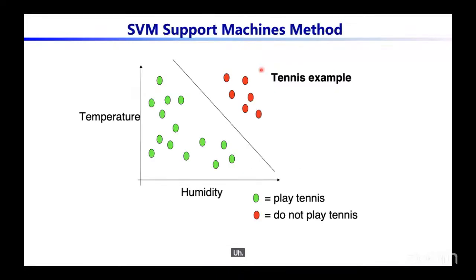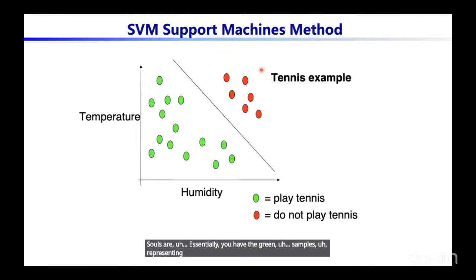We first look at the support vector machines method. In this method, the task is again the same: we wish to draw a borderline that separates the positive from the negative samples, like this one. This example shows green samples representing people who wish to play tennis, and red samples representing those who do not.